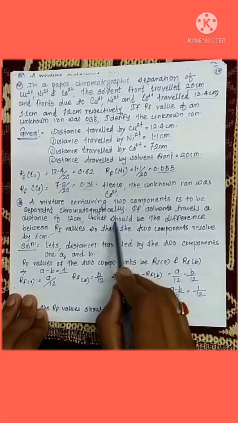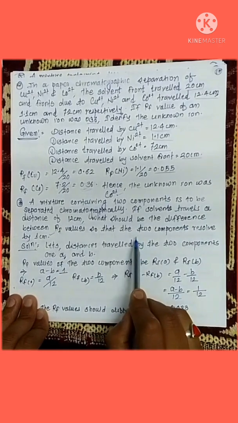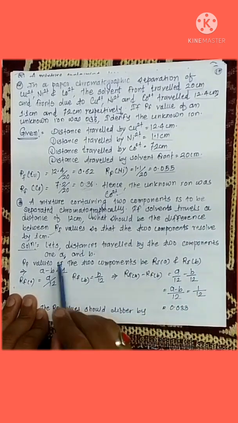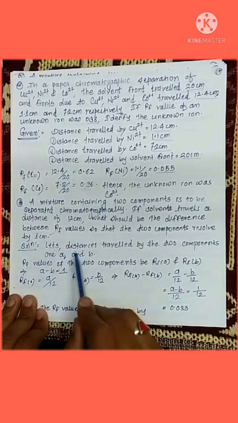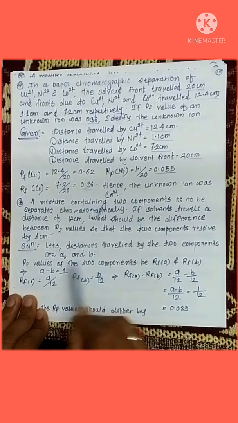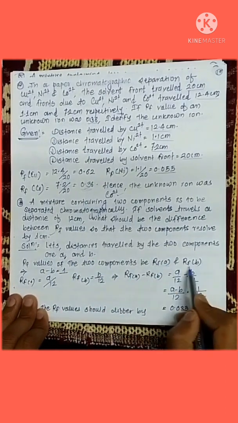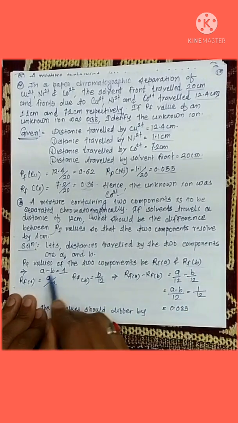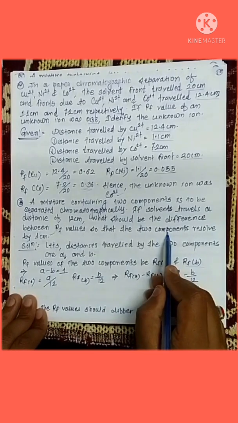So they have given us the distance traveled by the solvent front and a condition that the two components resolve by 1 cm. Let the distances traveled by the two components be A and B. So the RF values of the two components can be written as RF A and RF B. So A minus B is equal to 1 cm because that is the condition given.